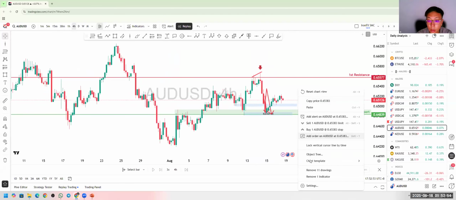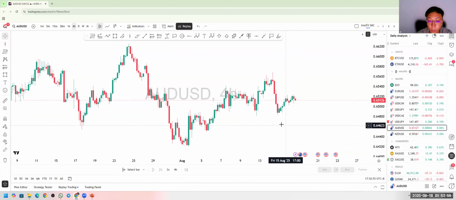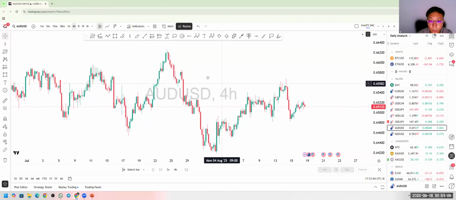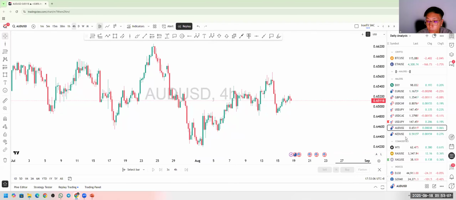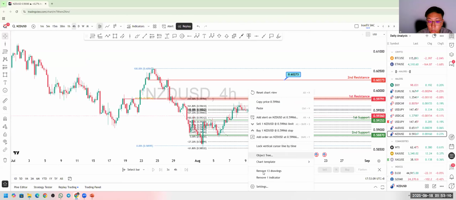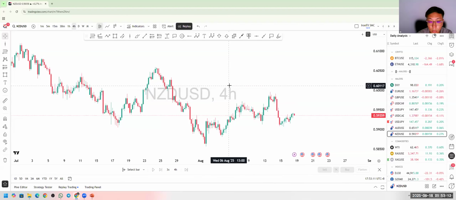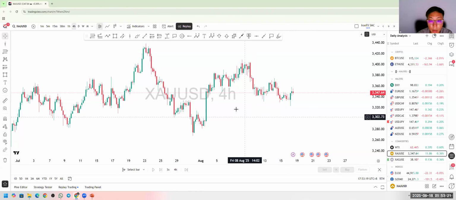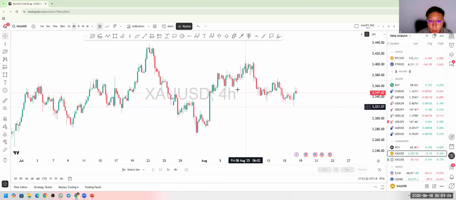Let me find a liquidity hunt. Let me try to use gold as an example.